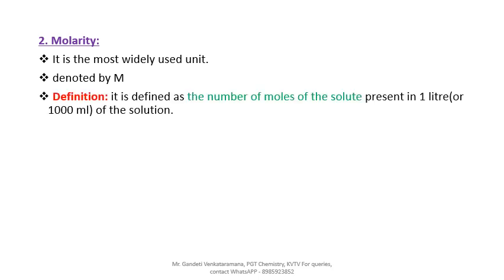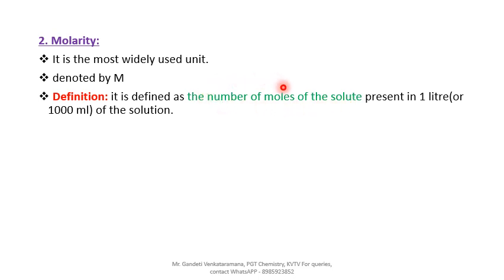Definition. Look at the definition carefully. Molarity is defined as the number of moles of the solute present in 1 liter or 1000 ml of the solution. The term number of moles of the solute is very important.